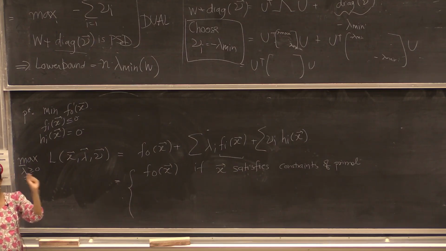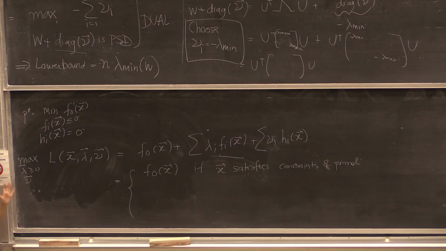If f1 of x was strictly positive, and I'm trying to maximize over lambda, what lambda would I choose? Lambda I can choose to be any non-negative real number.